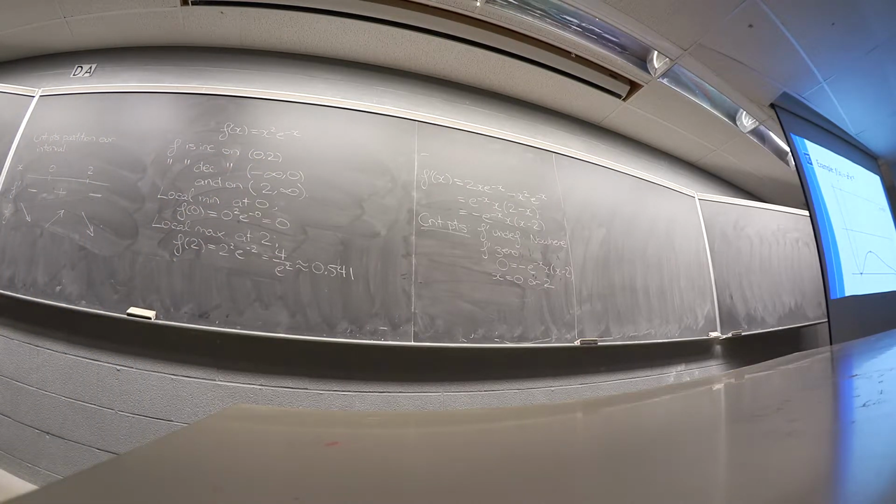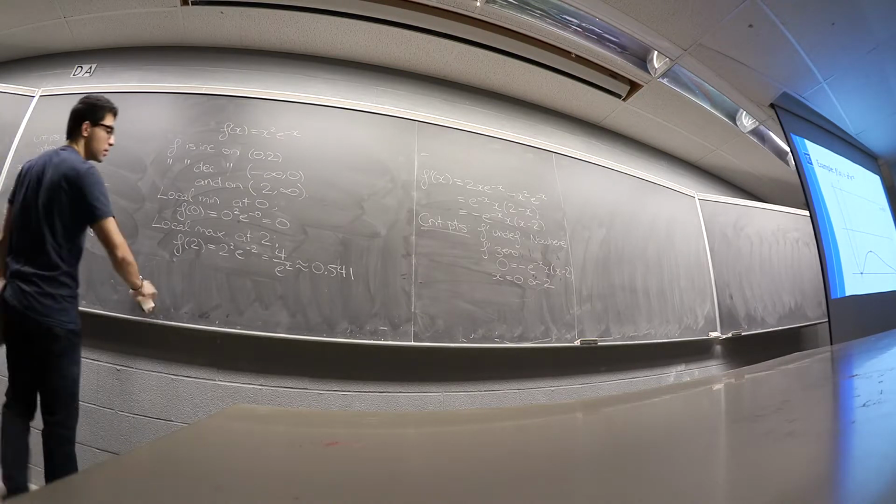Just for the record, because this thing's continuous, I could have closed those intervals on which we're increasing and decreasing. If you want to know what I'm talking about, just ask me. But again, don't worry about that. Second derivative, unless there's questions.